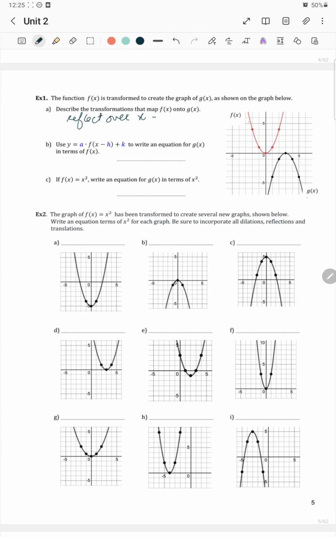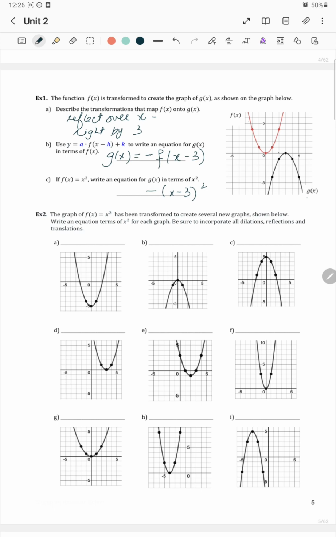And it's moving towards the right by 1, 2, 3. Use y is equal to a f of x minus h plus k to write the equation for g of x in terms of f of x. So g of x would be equal to negative of f of x minus 3, because it's reflecting. If f of x is equal to x squared, write an equation of g of x in terms of x squared: it would be minus x minus 3 squared.